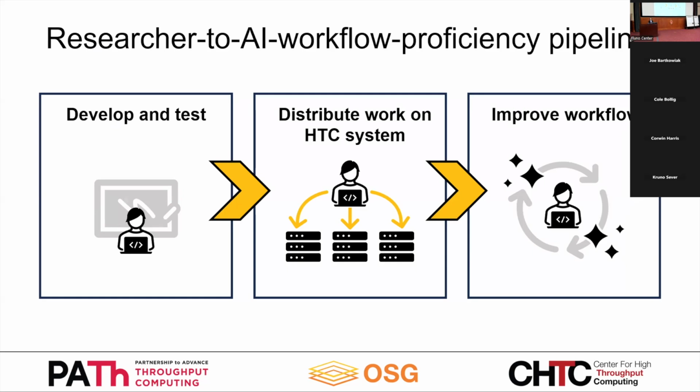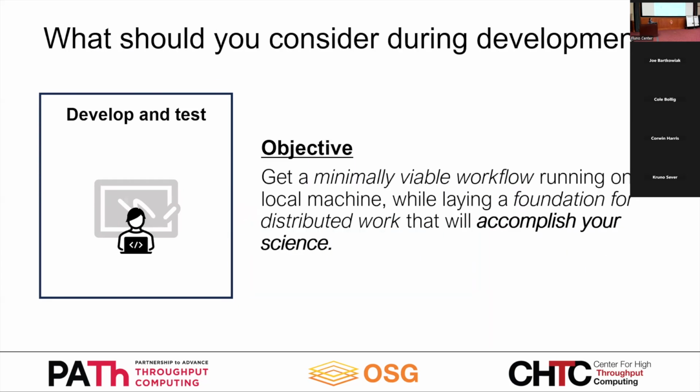And then lastly, thinking about how to improve this workflow once it starts running. So the first phase is to develop and test this workflow. The objective here is really just getting a minimally viable workflow running on a local machine first, just to test that it works. But you want to design it in a way that it lays a foundation for running a bunch of distributed work that will accomplish the full scale of science that you want to do.